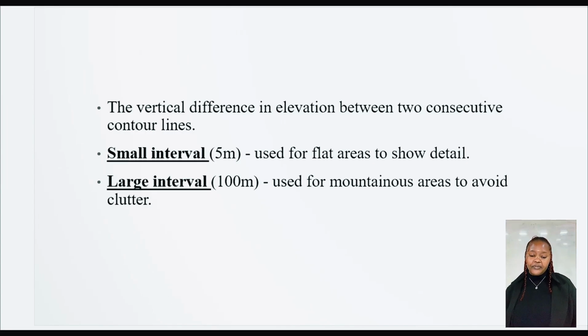We also have the commonly used contour interval of 100 meters. It is used for mountain areas to avoid clutter. If contour lines are showing a mountain, which is usually high, they will definitely use a contour interval of 100 meters.